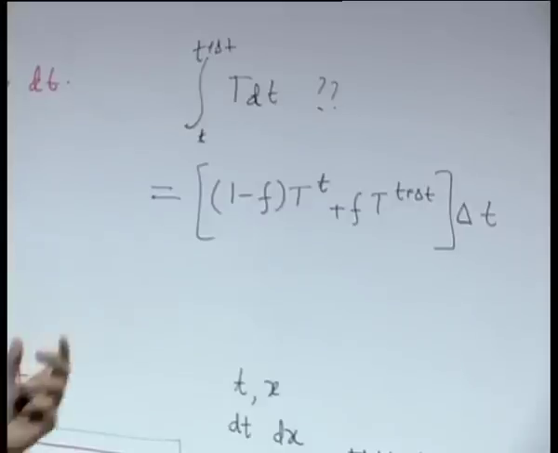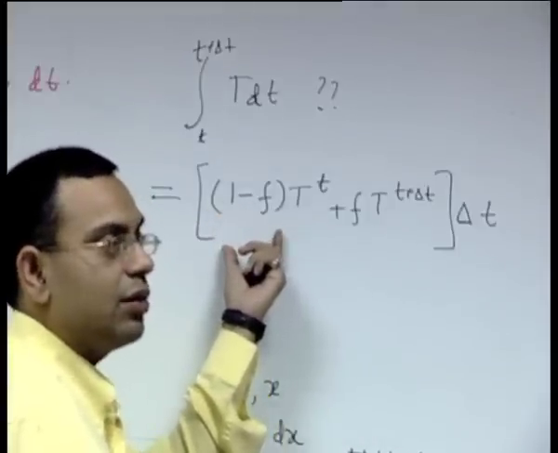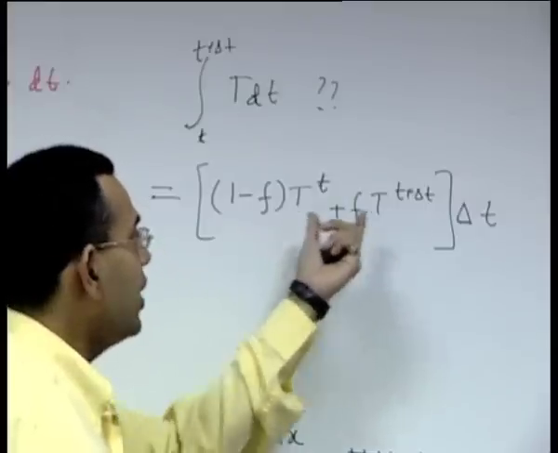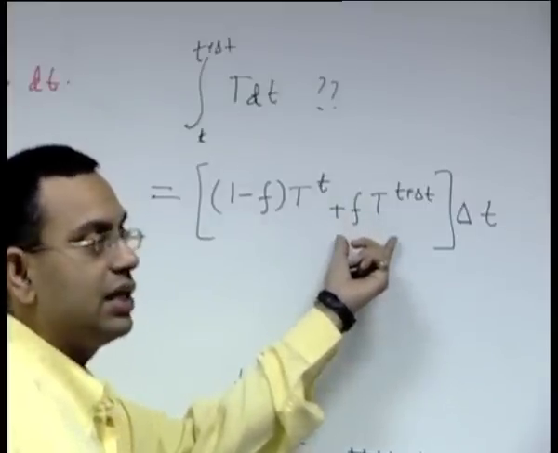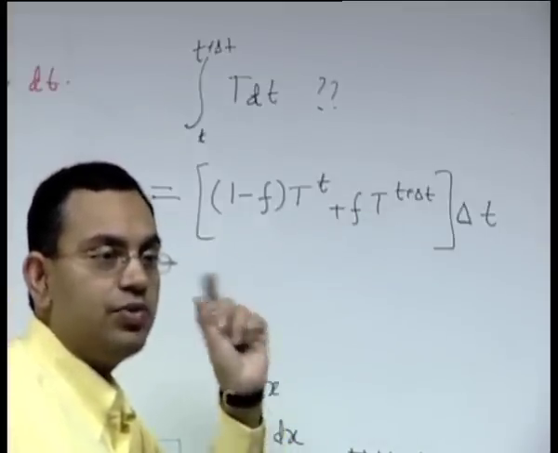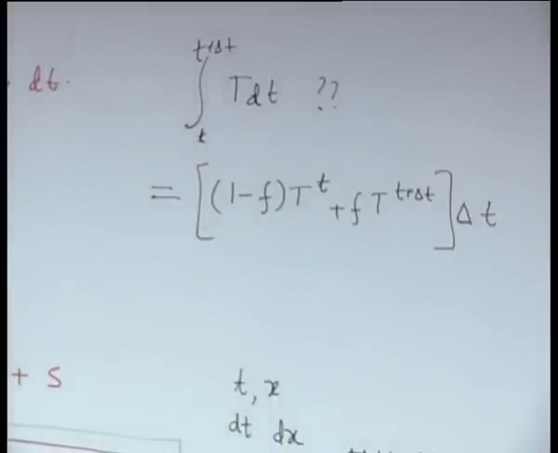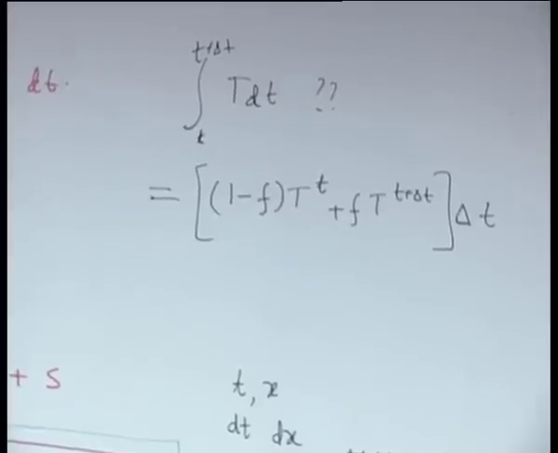So this is an intuitive profile assumption where we are putting some weight on the temperature at t, and some weight on the temperature at t plus delta t. Remember, these are the two discrete points at which we know the temperatures, or rather we are to determine the temperatures.